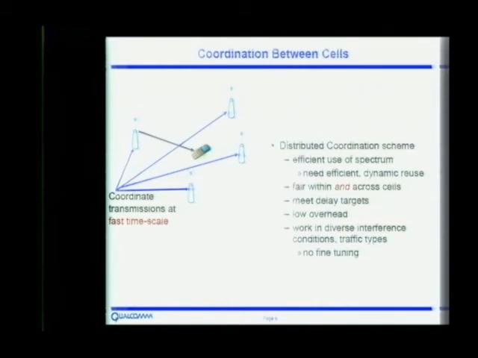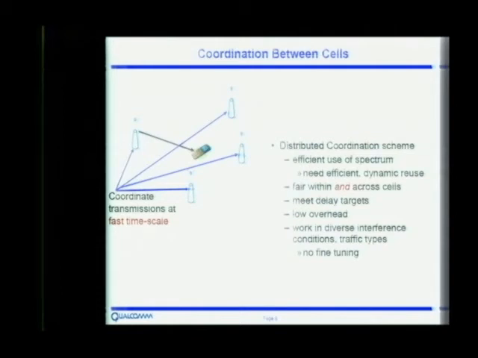So in a macrocellular network, you would get fairness just by doing some semi-static partition. Here you get efficient user spectrum and fairness. You need to be much more dynamic compared to the multi-cells. We should be able to meet QoS targets, delay targets, but at the same time, the coordination mechanism across cells should be very low. If you invest a lot of resources in doing coordination, then it's kind of pointless.